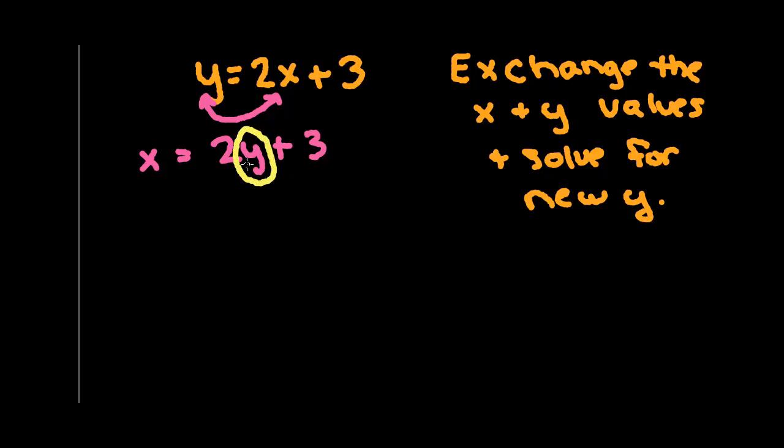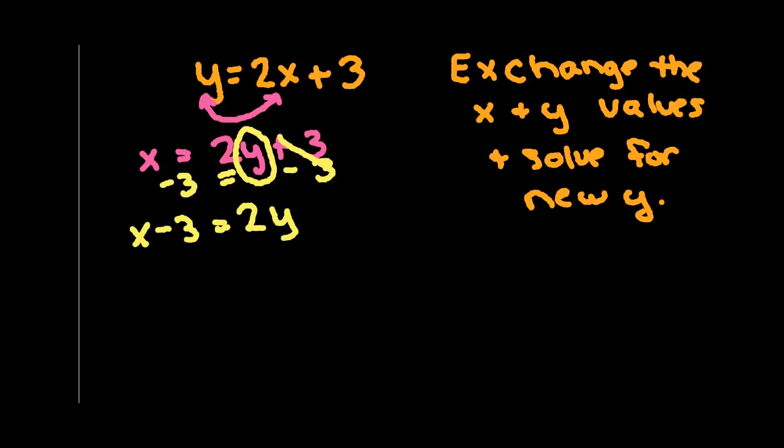When solving an equation that has more than one variable, I'm still going to solve it the way I would normally solve any equation. Anything that's attached to my variable that I'm solving for, I deal with last. So the first thing I need to do is get rid of this 3. So I'm going to subtract 3 from both sides. That gets rid of it on this side, and on this side I have x minus 3 is now equal to 2y.